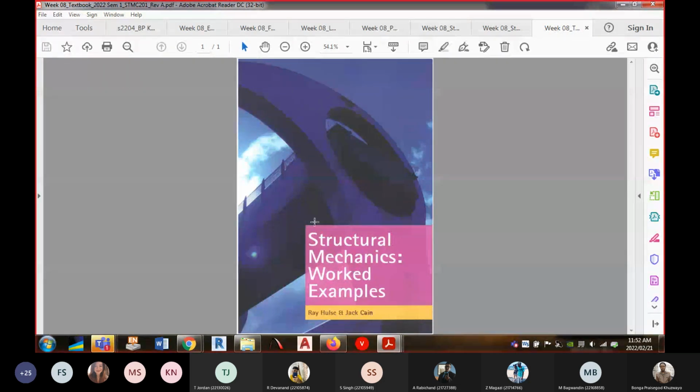I'm going to issue this book to you this semester because it's a very, very good book. It's a book that you must keep for the rest of your structural life. If you're going to be a structures person, you have to have this book. It's got worked examples, classic examples that have been used in major assessments in different universities.